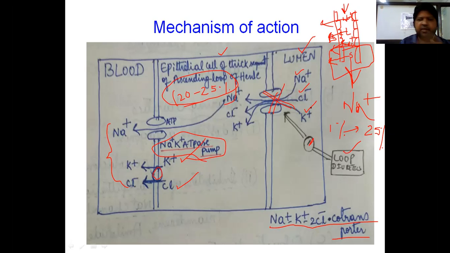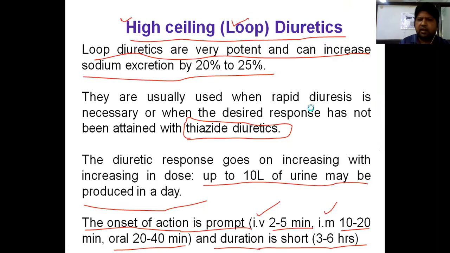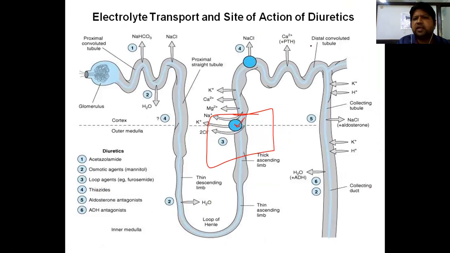If you compare with thiazides, thiazides will prevent the reabsorption only to 10%, because in the distal convoluted tubule, only 10% is reabsorbed. Thereby thiazide diuretics can block the 10% reabsorption and increase the elimination of 10%.